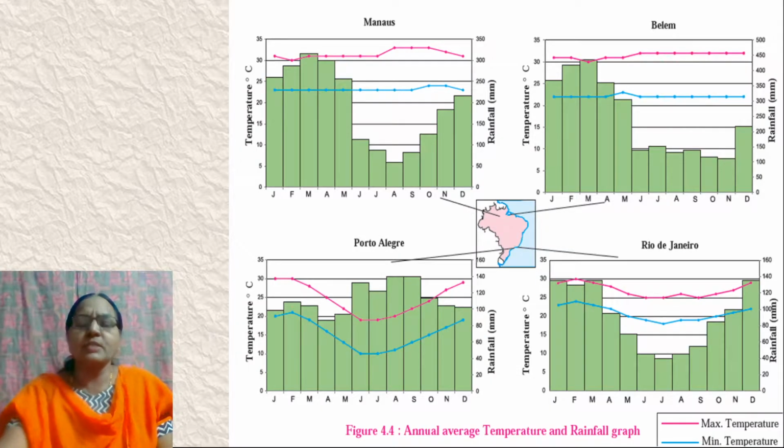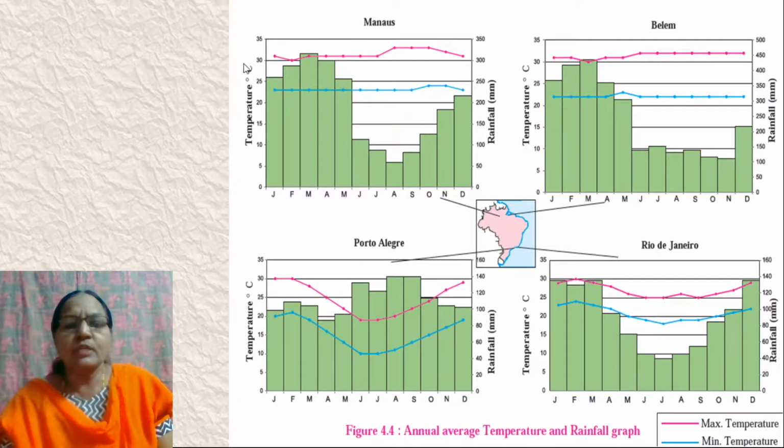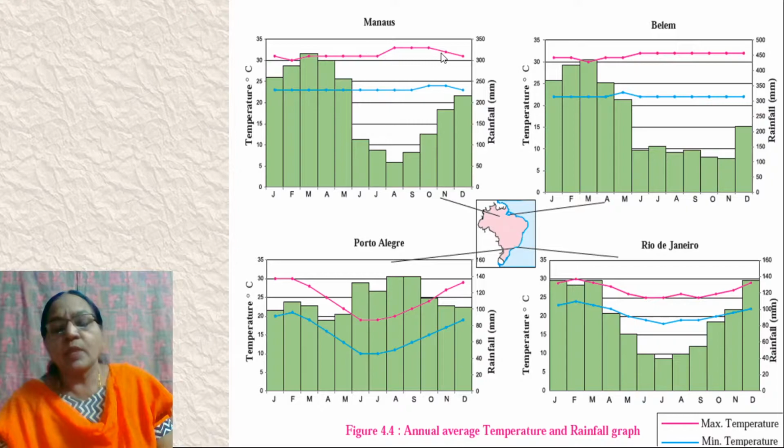So highest temperature means you'll have to look into the line graph here. That's the red one which gives you the maximum temperature. So in which months do you have the highest temperature?